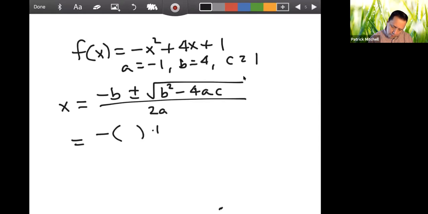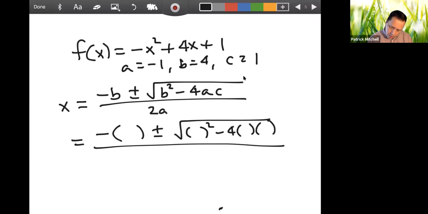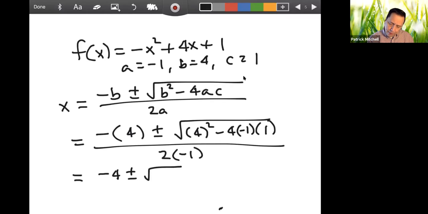That is going to give me, okay, b is still 4, a is negative 1, c is 1. All right, so that's going to be negative 4 plus or minus, what do we have here? 16 plus 4 is 20, and that's all over negative 2.